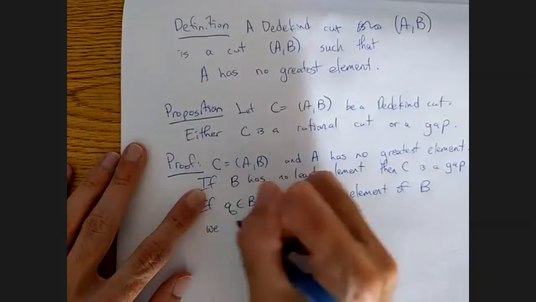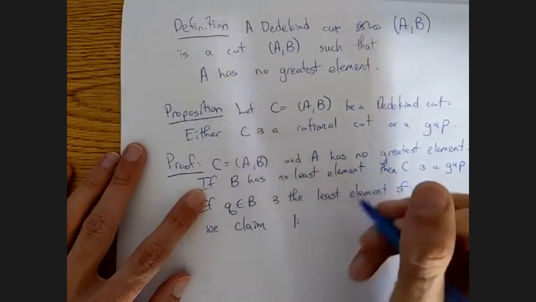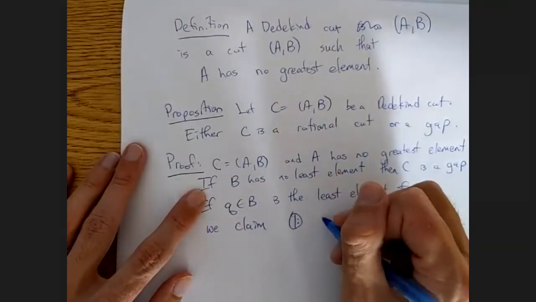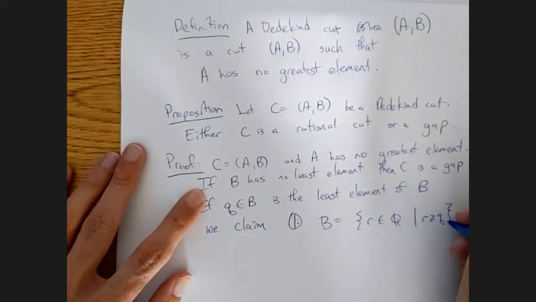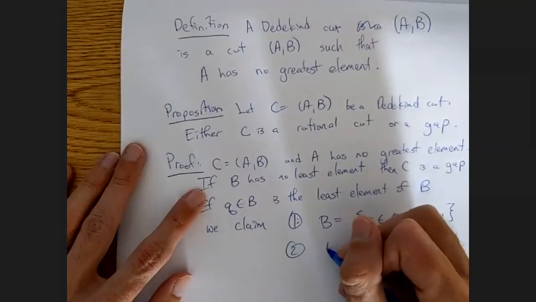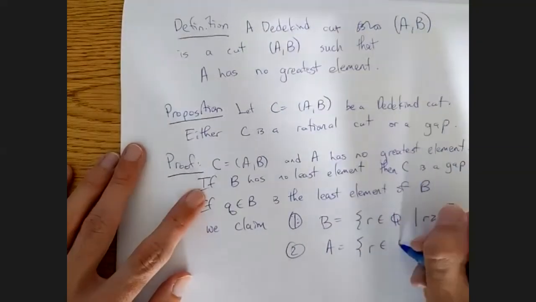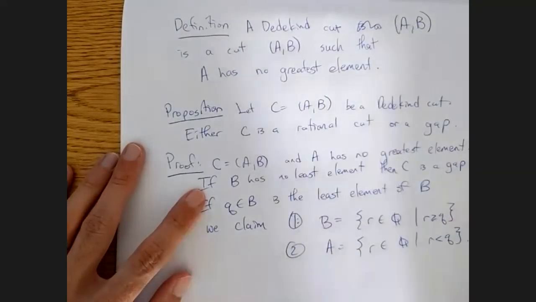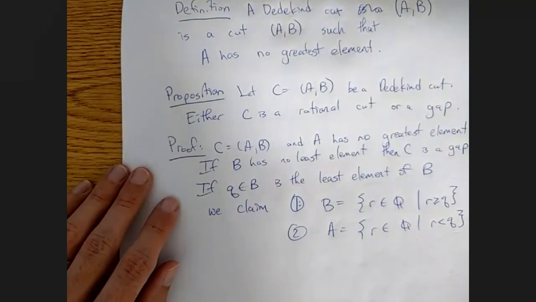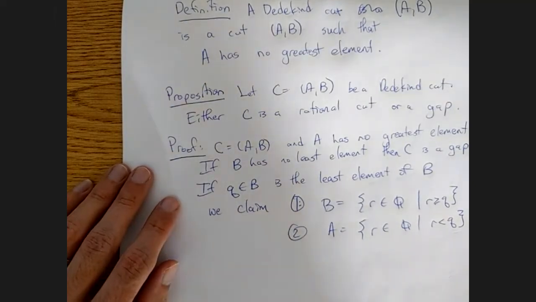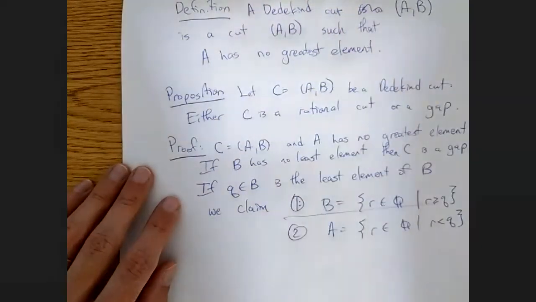then we claim two things. One is that B is just the set of rational numbers bigger than or equal to Q. And two, we claim that A is just the set of rational numbers less than Q. Okay, so let's prove the first one first.